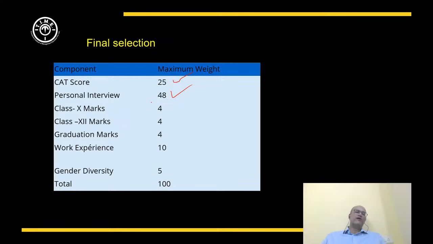So in IIM Visakhapatnam, the most important parameter was personal interview performance. 10th class, 12th class, and graduation all had 4% weightage each. Work experience had 10% weightage. Girls and transgenders had 5% weightage. This is how the final selection process was carried out.